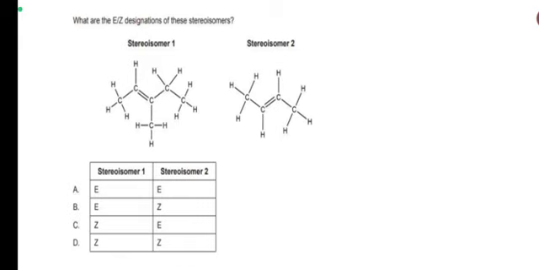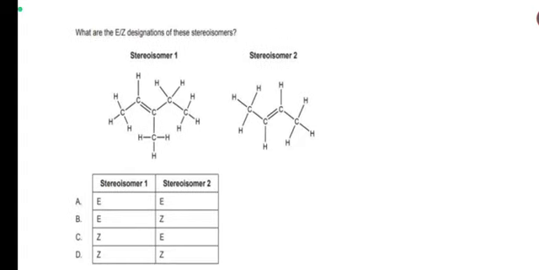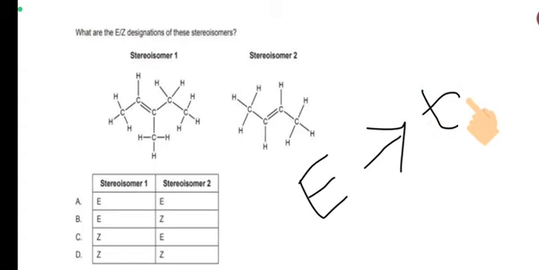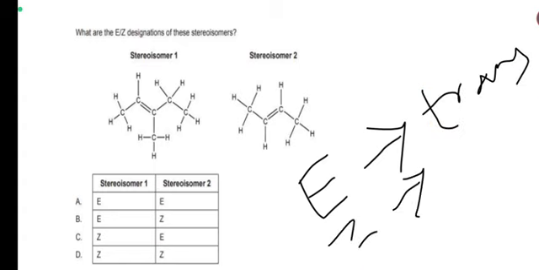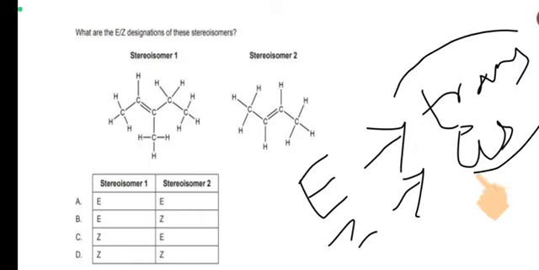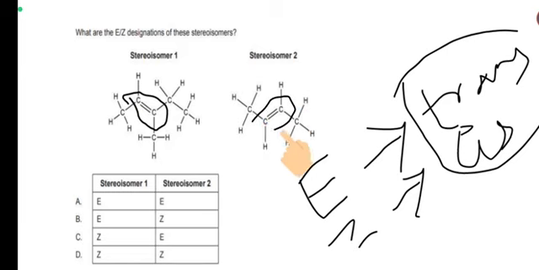E isomer is similar to trans, whereas Z is similar to cis. So though the question is about E and Z isomers, this can be related to cis and trans isomerism also. In this case, you just have to identify the unsaturated system, which is C double bond C.